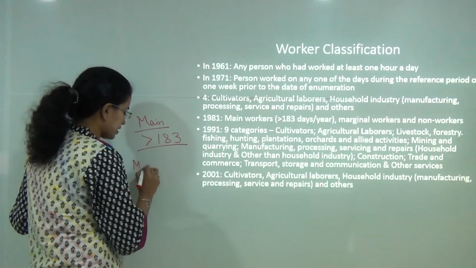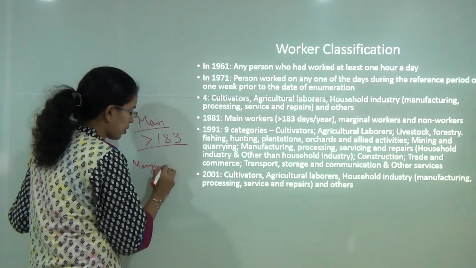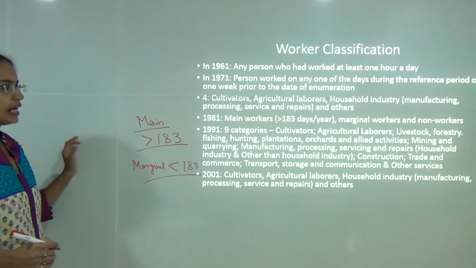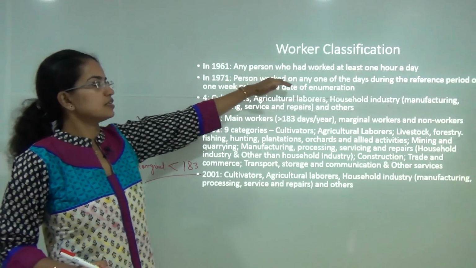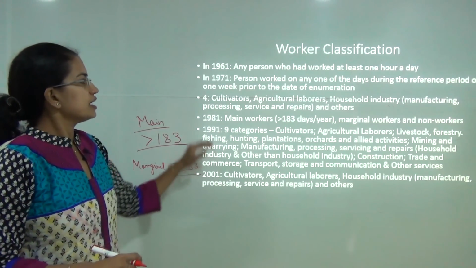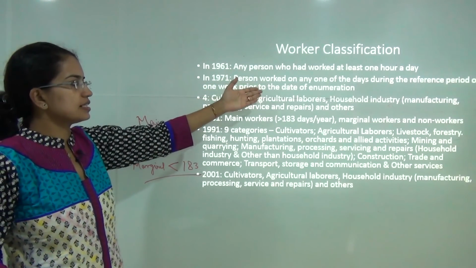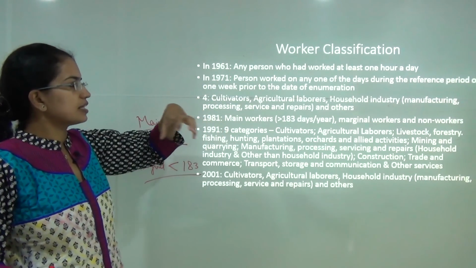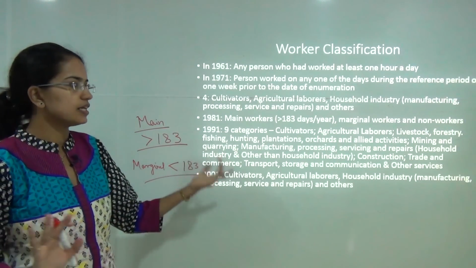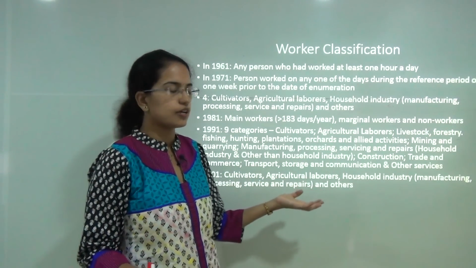However, marginal workers are those who have employment for less than 183 days in a year. In 1961, any person who worked at least 1 hour a day was classified as a worker. In 71, it was again considered the same. However, there was a reference period of 1 week prior to the date of enumeration, whether he was working for at least 1 hour a day or not.